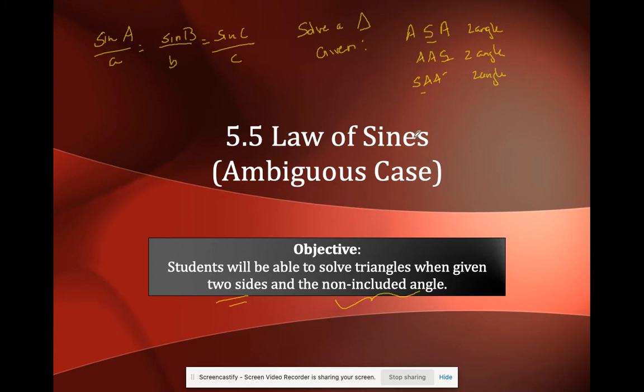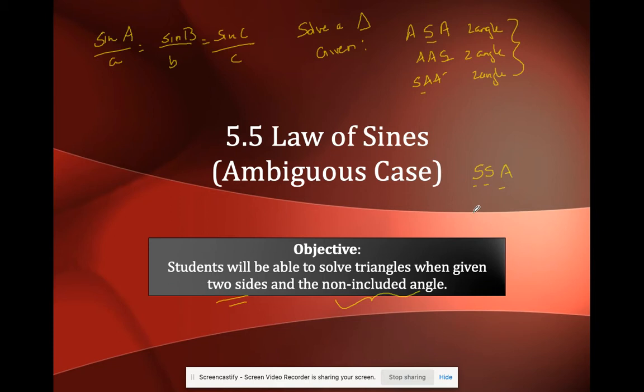Today, the ambiguous case is when I give you two sides and an angle that is not in between them. Side, side, angle. And of course, if you read that backwards, you remember why you can't use this as a proof of congruency. There's some issues.